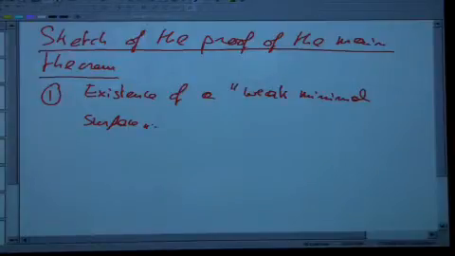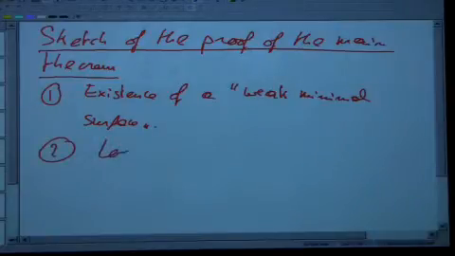Now, this suggests that in some sense you can try to show that you are not only a weak minimal surface, you're actually a stable minimal surface, at least on small subsets of M. Maybe not globally, but on a local level. So local stability is the key idea to get regularity.